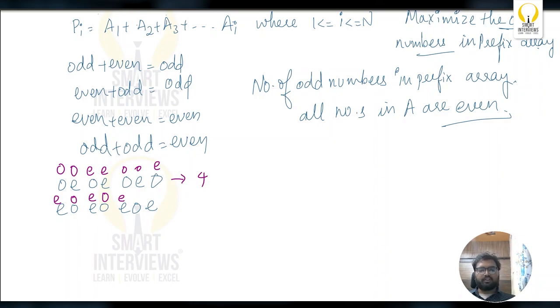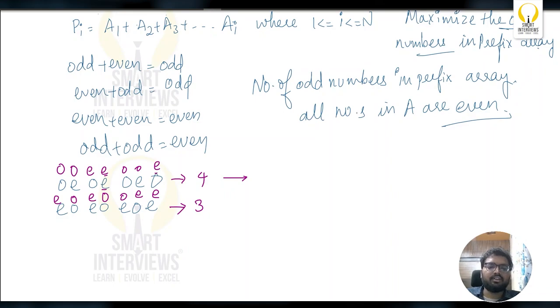If you observe carefully, how many odds are there? Here 3 odds are there. In this example, how many even numbers were there? There were 3. So when is the best case, where I can make all the even numbers count as odd?